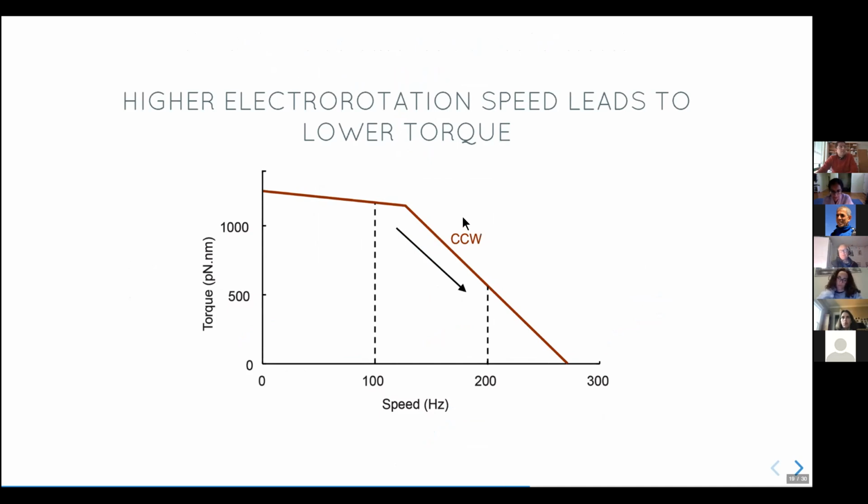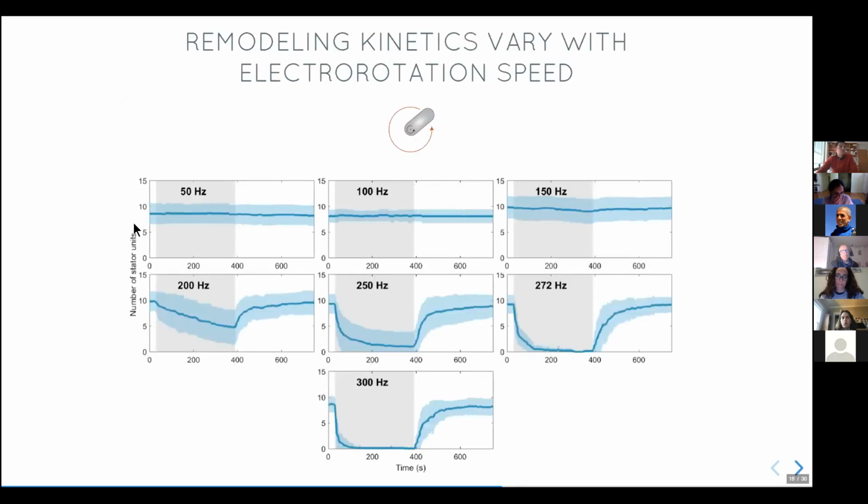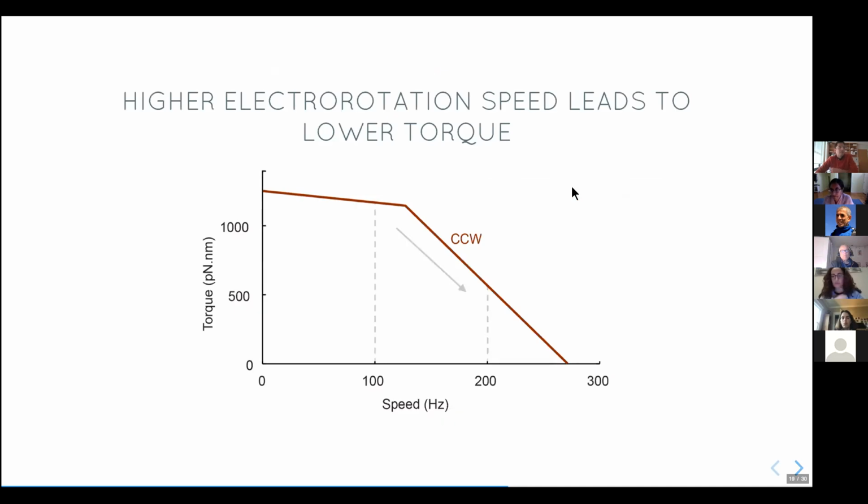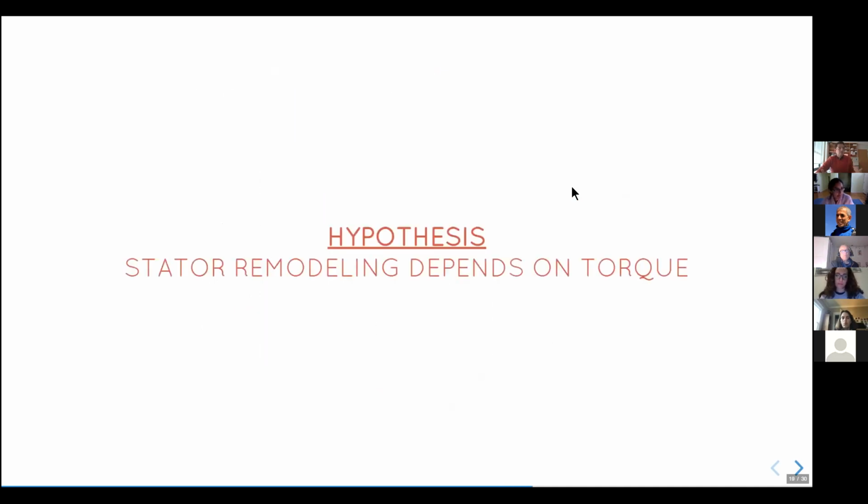In fact, it matches very nicely with the data because the torque decreases only once we are past this plateau region, which happens at about 130 hertz. So this is consistent with the fact that we don't really see any remodeling below about 150 hertz. So that leads to this very clear hypothesis that stator remodeling depends on the torque produced by these stator units.